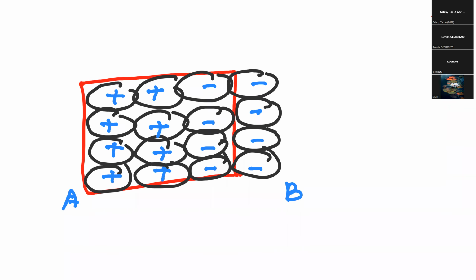So what happened next? This line also converts into negative. Then what happened? Now there is a magnet force from B to A. Which kind of magnet force? Is it positive or negative?